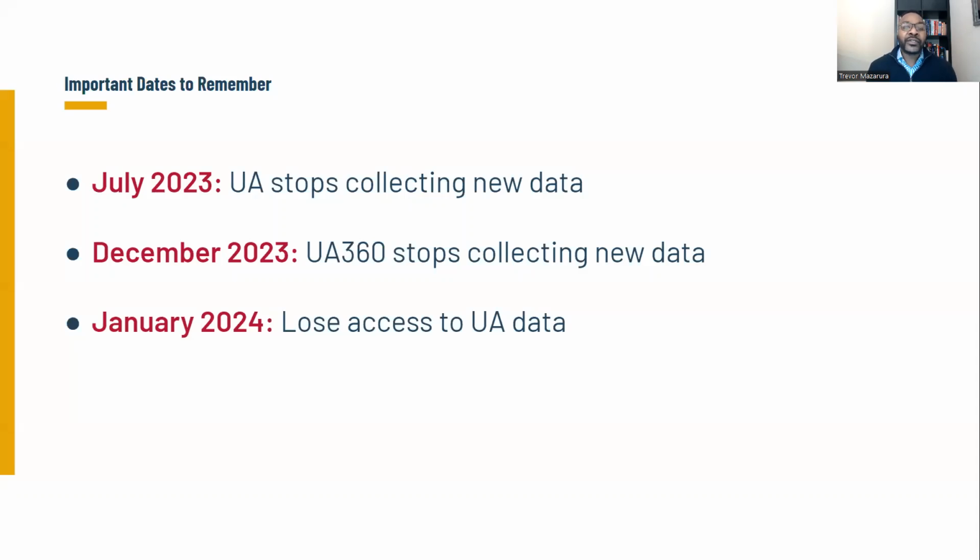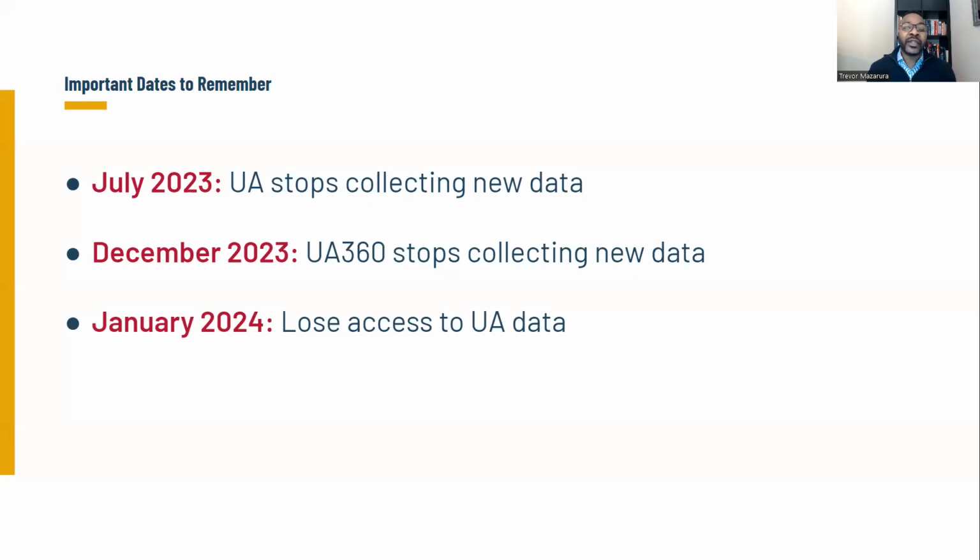Some important dates to remember. July 2023, Universal Analytics stopped collecting data, so you will no longer receive any new data in your Universal Analytics. December 2023, if you have the premium version, Universal Analytics 360, then you stop collecting data.